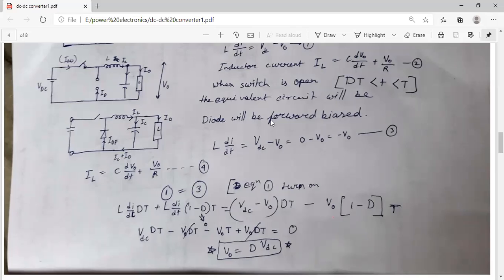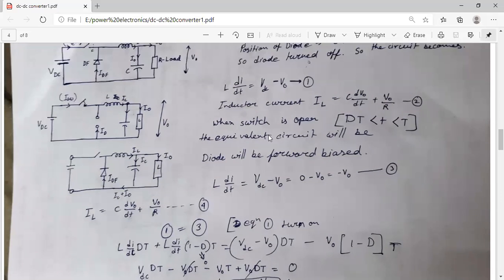And IL also can be written this way, C dV naught dt plus V naught by R equal to IL. Now equation 1 is equal to equation 2, equation 3, that is turn on time.